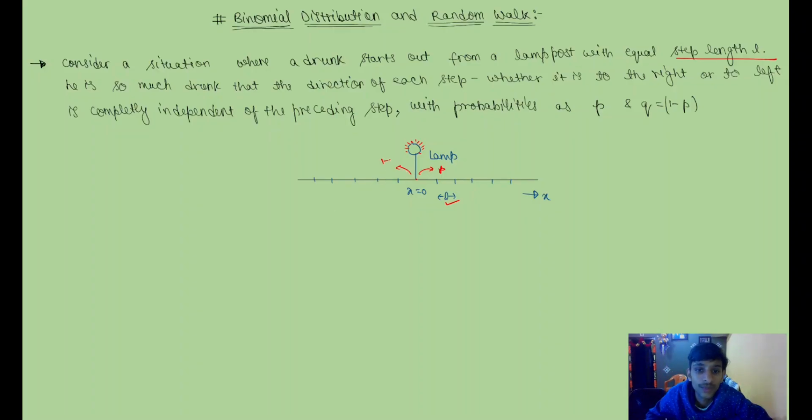That will be 1 minus P, because the sum of the two probabilities should be 1, right? So the probability with which he moves to the right is P, and the probability with which he moves to the left is Q, which will be equal to 1 minus P, of course.